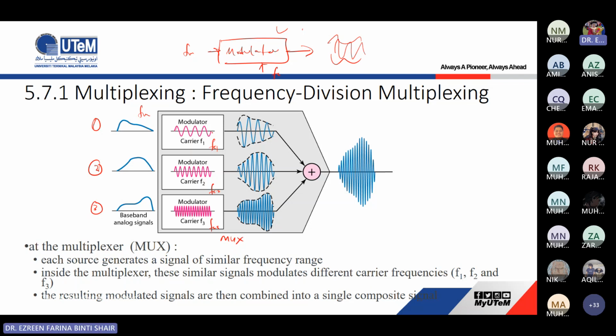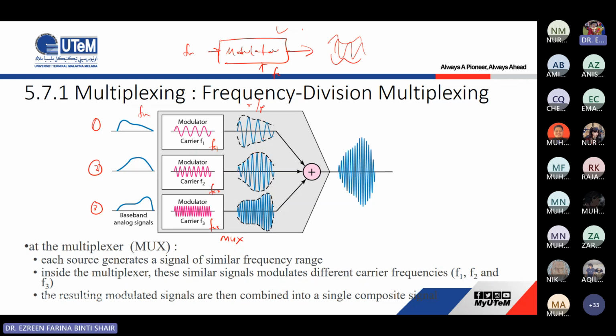Okay, so this is the output of the modulator. You will have something like this. This is the envelope, the output of the modulator, and you can see the difference in terms of frequency, because the carrier frequency is different.